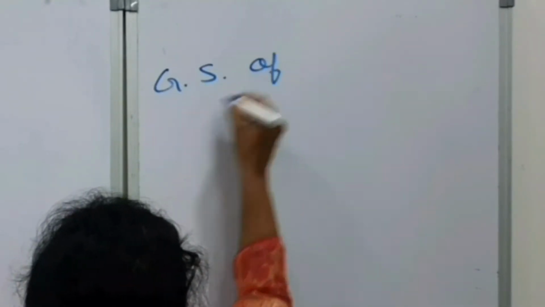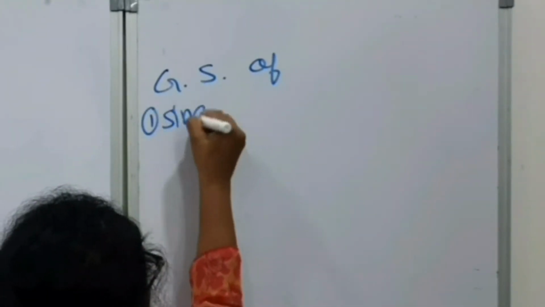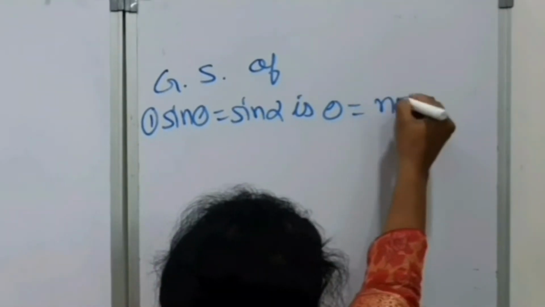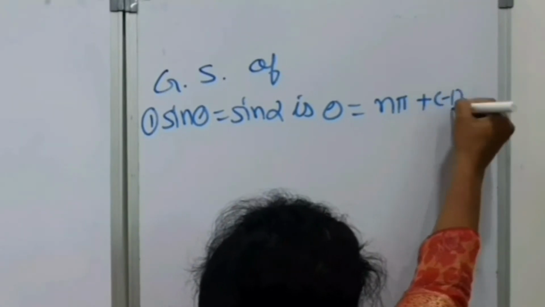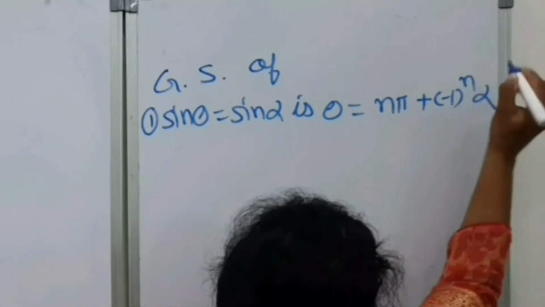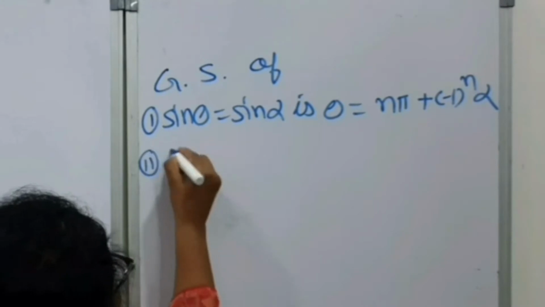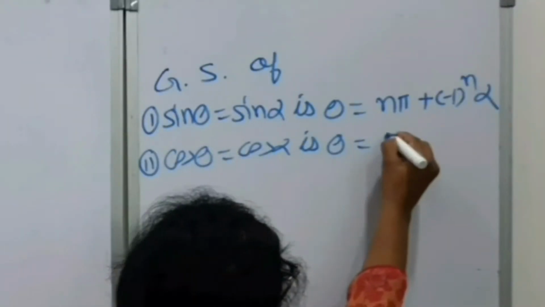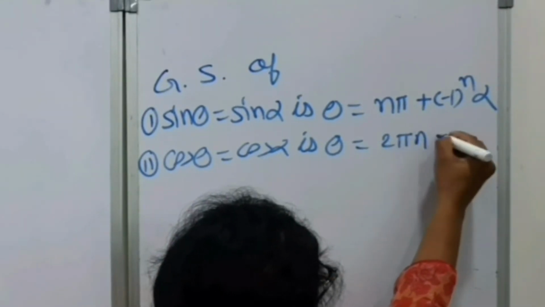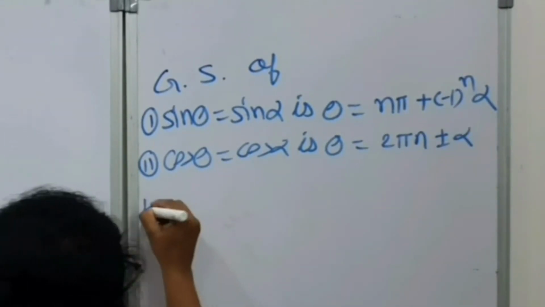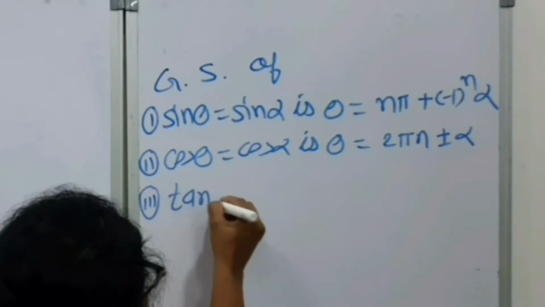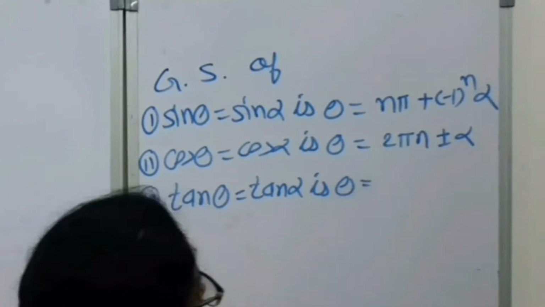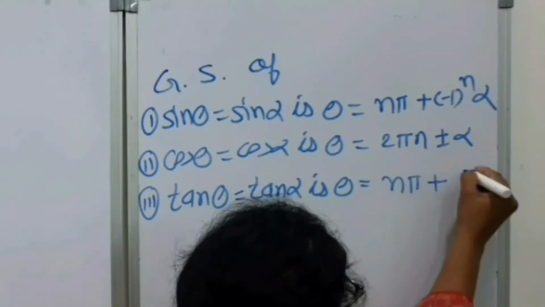The general solution of sin theta equals sin alpha is theta equals n pi plus minus 1 to the power n alpha. For cos theta equals cos alpha, it is theta equals 2 pi n plus minus alpha, and for tan theta equals tan alpha, it is theta equals n pi plus alpha.